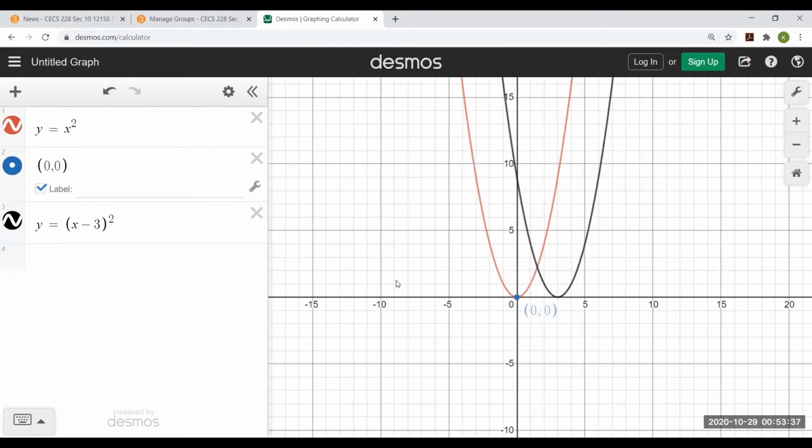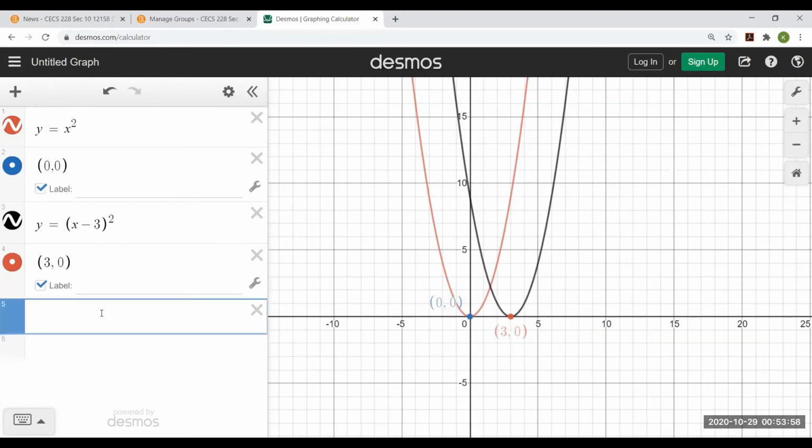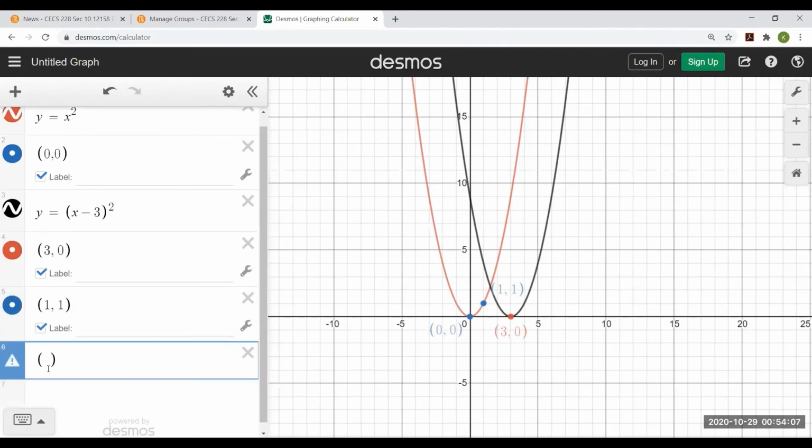So I still have a parabola, but now that parabola seems to have shifted to the right. In fact, if we take a look at the vertex for it, it's shifted to 3 comma 0. Right. So this vertex is moving, and same for all the other points. So 1 comma 1, which is on the original parabola, is shifted over to 4 comma 1.